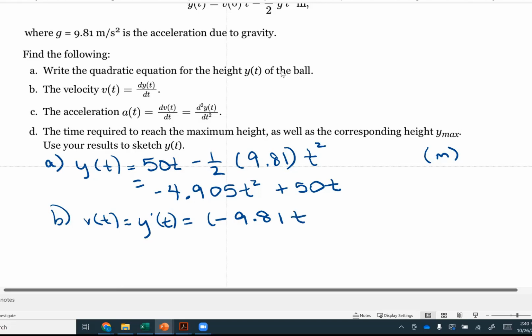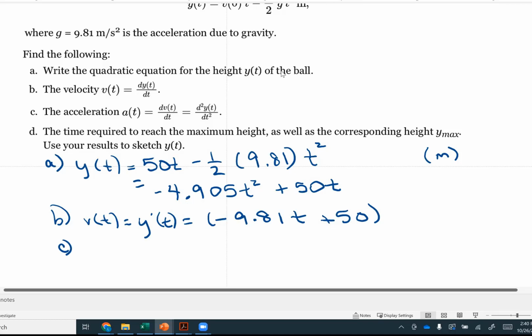Because I move the 2 in front, and t to the 2 minus 1, plus 50, because the derivative of t, we already said, is 1. Okay, we found the velocity. All right, that was easy.